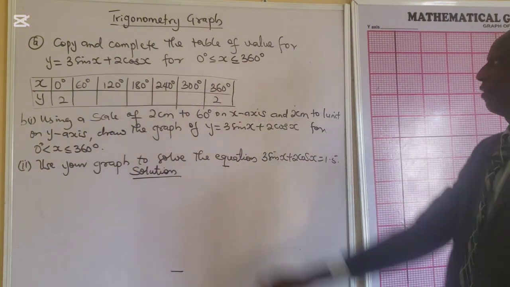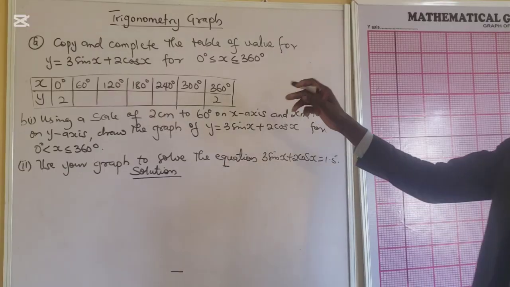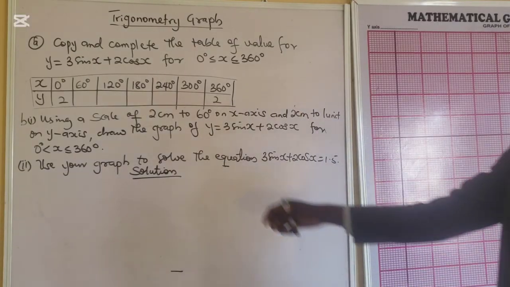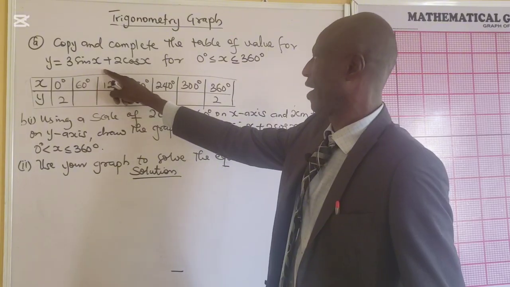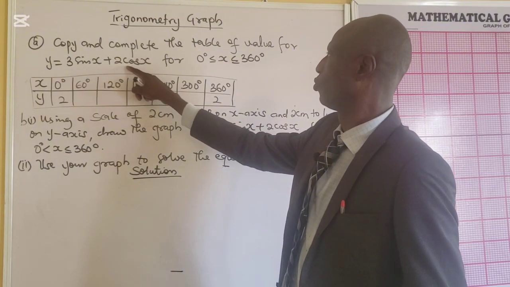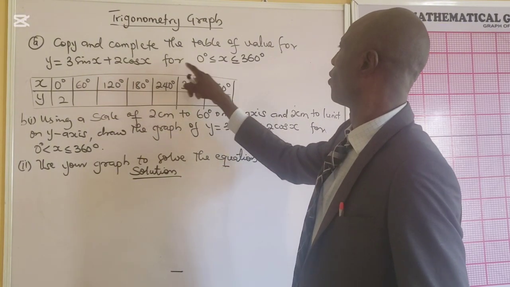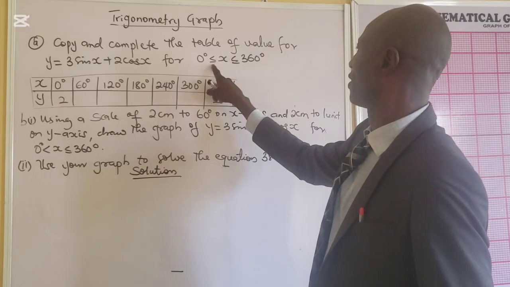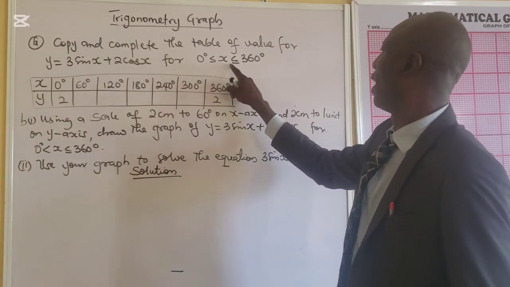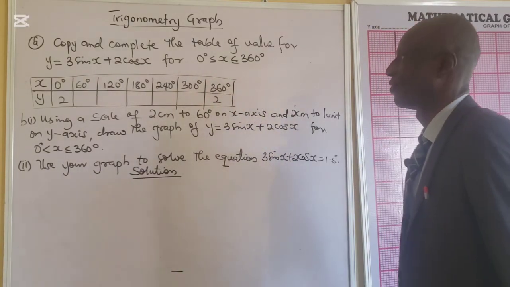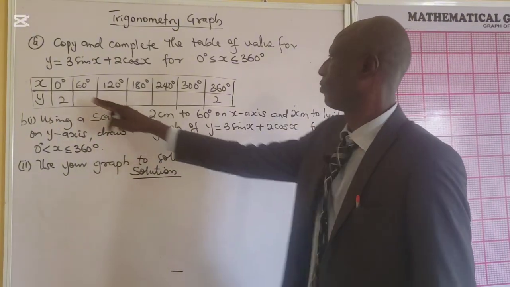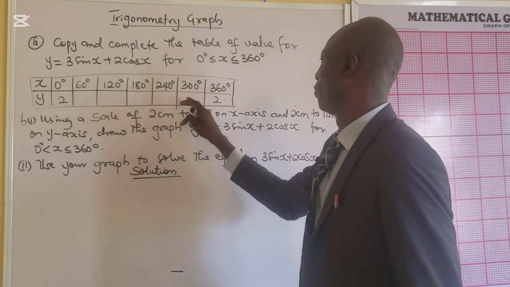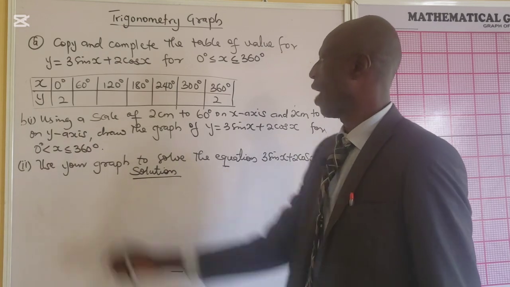Now, it says copy and complete the table of values for y is equal to 3 sine x plus 2 cos x, for x greater than or equal to 0 and less than or equal to 360 degrees. Now, look at the values here.